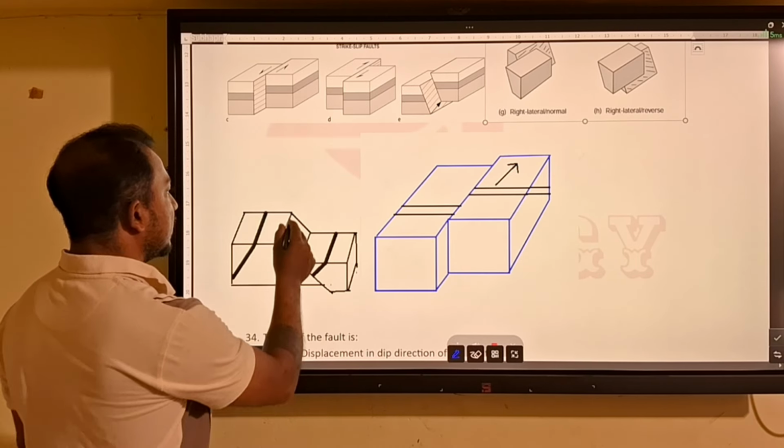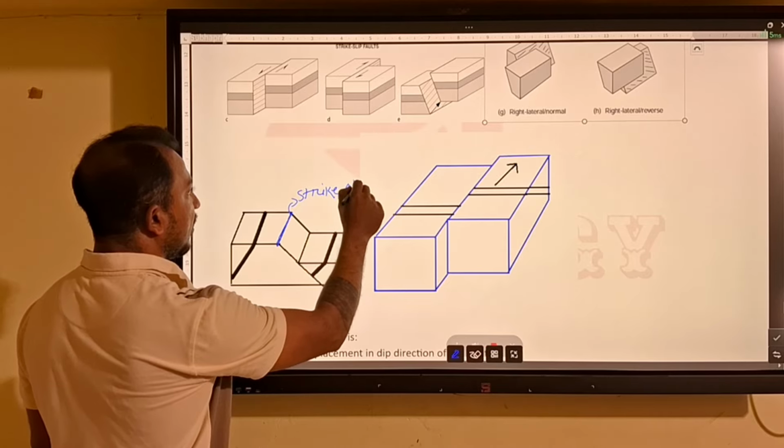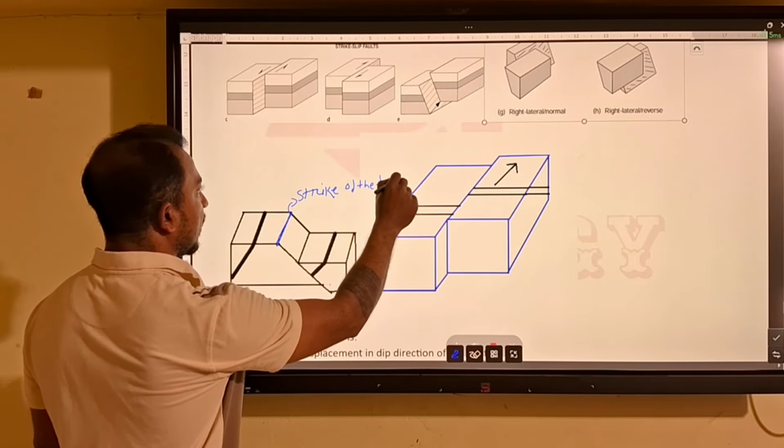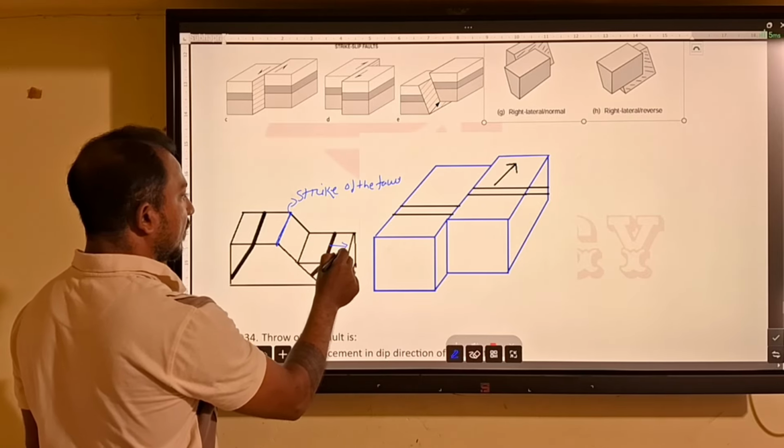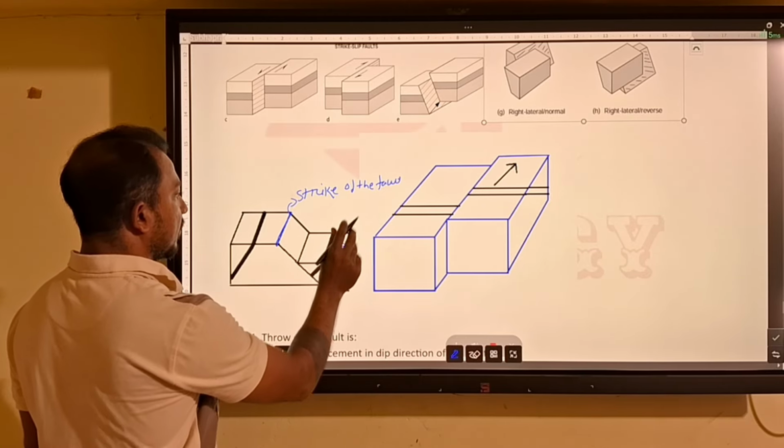So this is the strike of the fault, and this is the dip. This is the dip direction. So it is perpendicular to the strike.